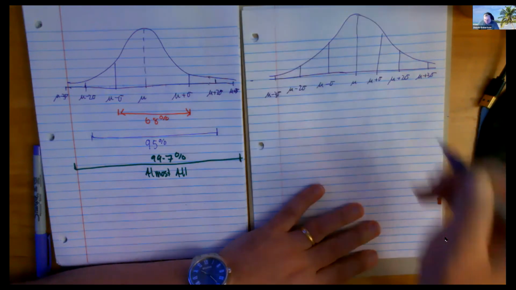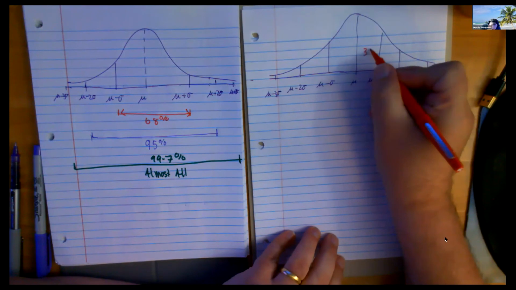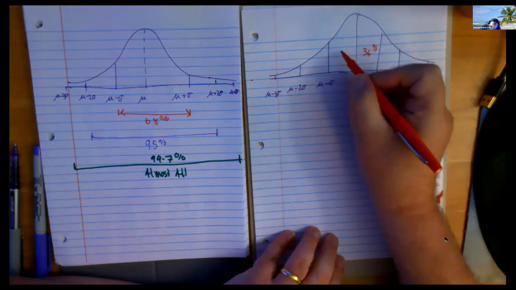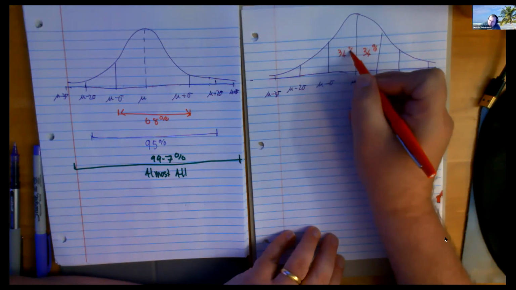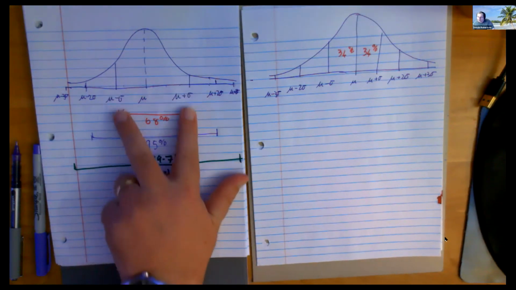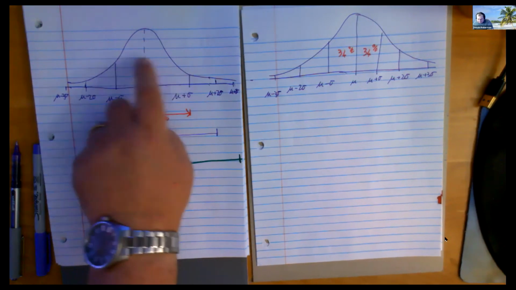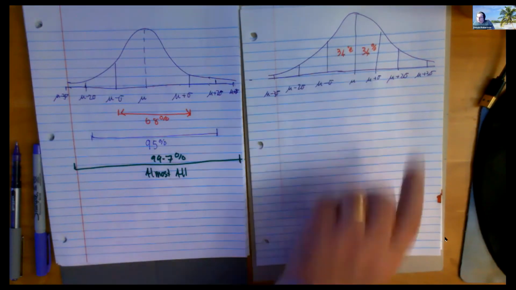Can you pretend that I did that really symmetrically? I know they're not quite balanced, but they should be. Now, 34%, 34%. You know from there to there is 68, but isn't from there to there equally split into 2 equal halves? So can you see where the 34 is coming from?